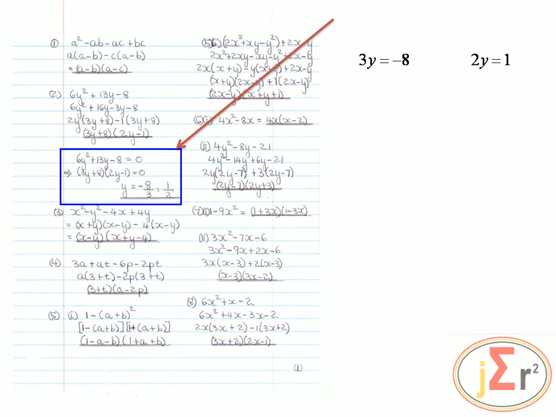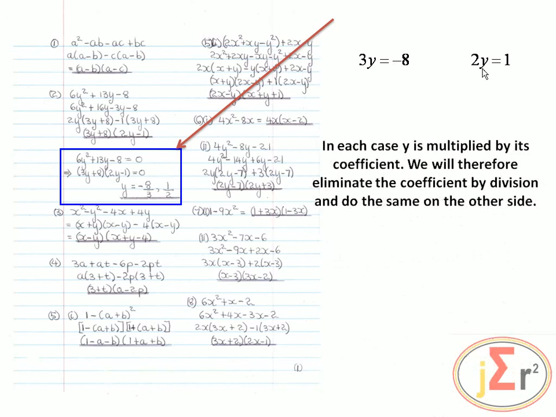as we have explained. So the two equations are now 3y is equal to negative 8 and 2y is equal to negative 1. And we need to eliminate this 3 that is being multiplied here and this 2 that is being multiplied there. In each case, y is multiplied by its coefficient. We will therefore eliminate the coefficient by division and do the same on the other side.